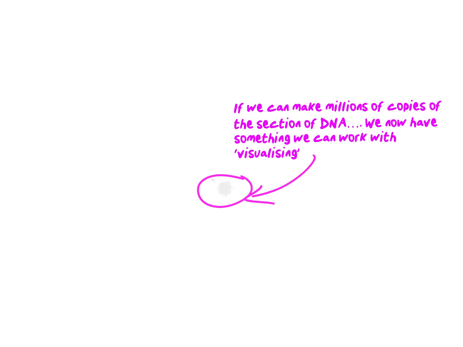Okay, how do we go about doing it? Well, the making of these many copies is the process of PCR, polymerase chain reaction. Okay, the next bit is how we go about visualizing it, and that is something called electrophoresis, which I will cover in a different presentation.